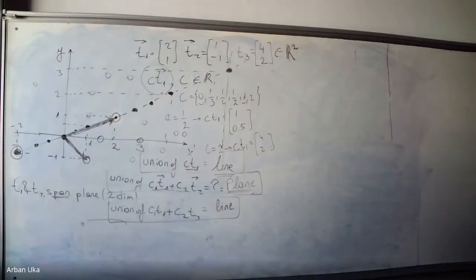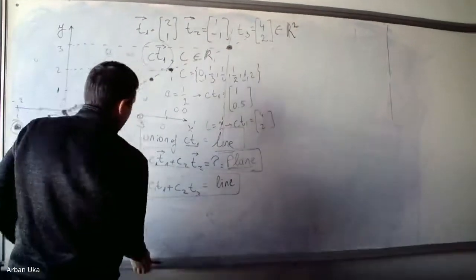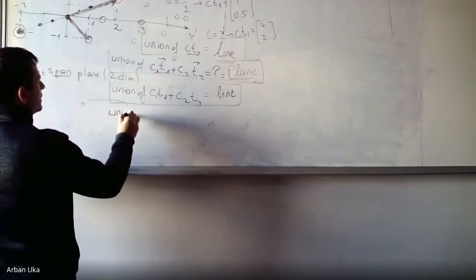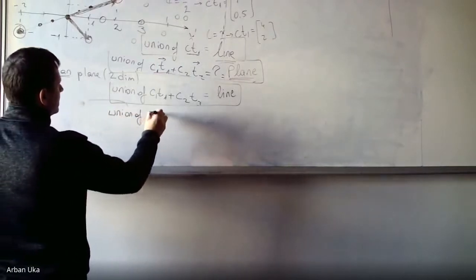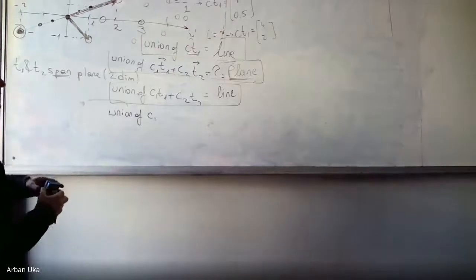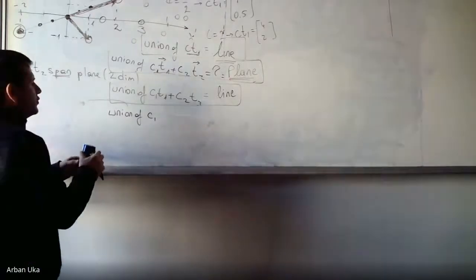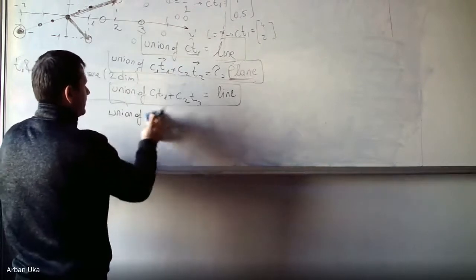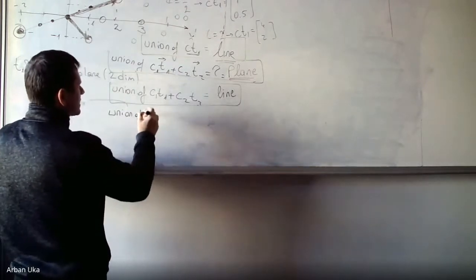Now, we can also define, well, let me think, no, before I jump to the new argument, let me ask you another question. So, what will be the union of, actually, the best word is to say union of C1, or let's keep the same terminology.